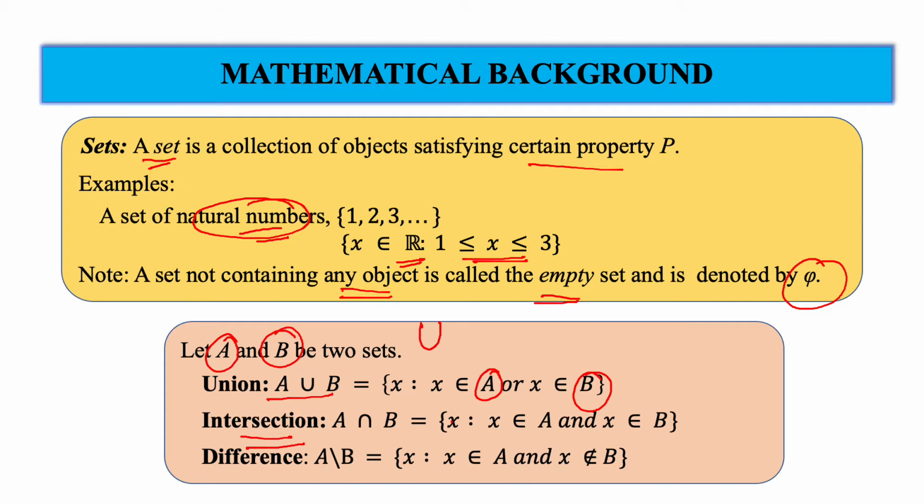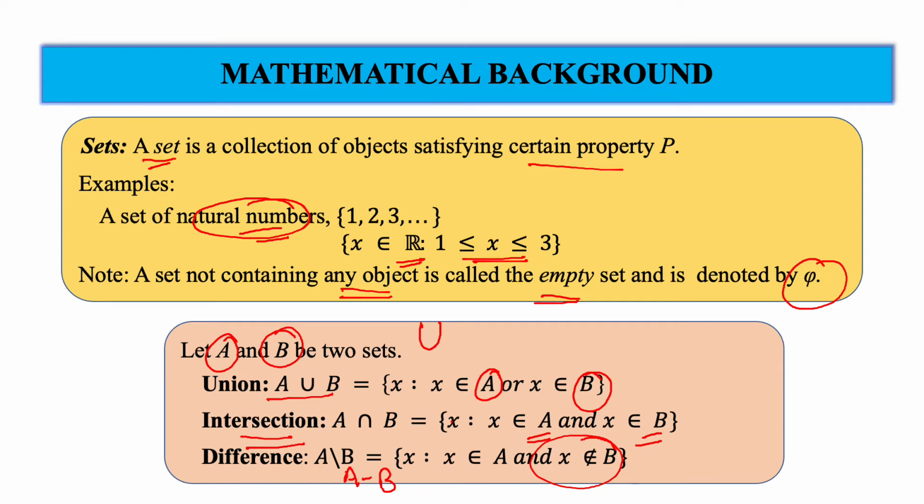This is A intersection B, where the elements of the set have to belong to both the set A as well as B. Then we have the difference between A and B, also called A minus B, which means the elements which are part of A but not a part of B, and it is denoted by backslash.